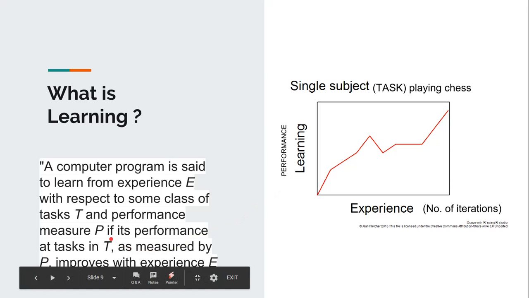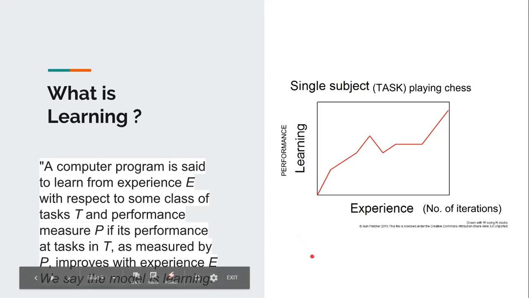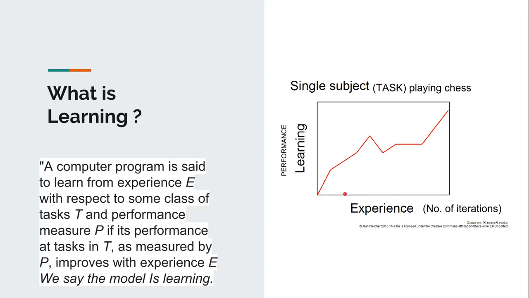Now, if its performance at task T as measured by P improves with experience E, we say the model is learning. So, when is the model learning? It learns when, with increasing experience, its performance also increases.